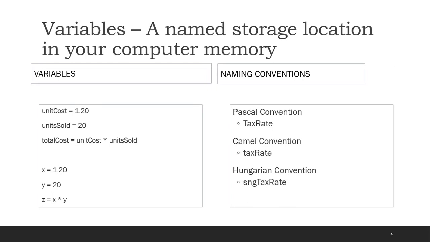Fine. Now we talk about naming conventions. There are three types of conventions. Say imagine tax rate, where T is capital, R is capital. This is called Pascal convention. So you are able to read it properly, right? TaxRate. If all were in small letters, you may not be able to read it easily.